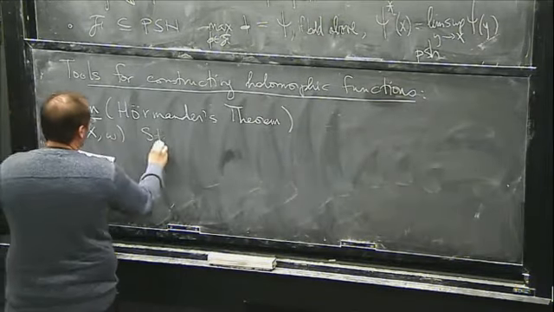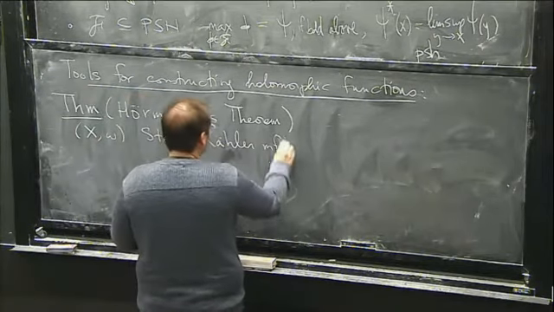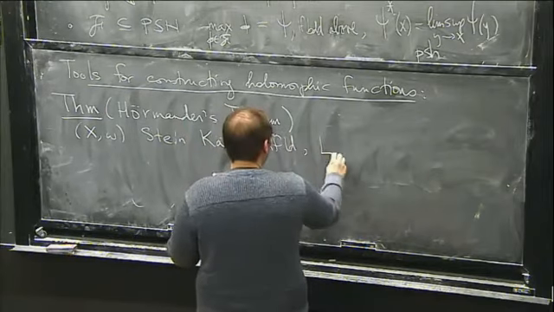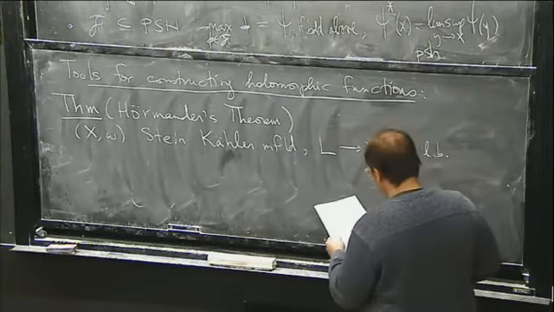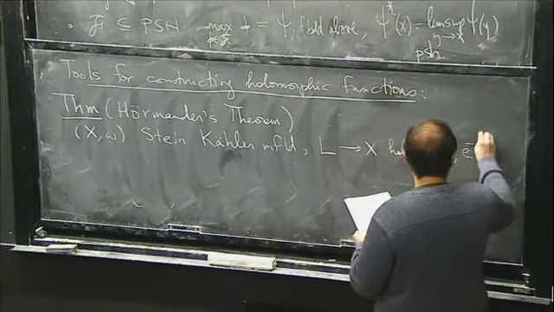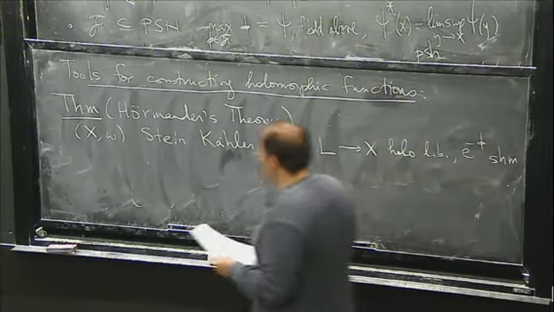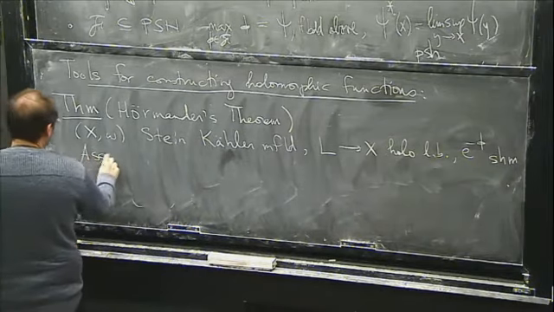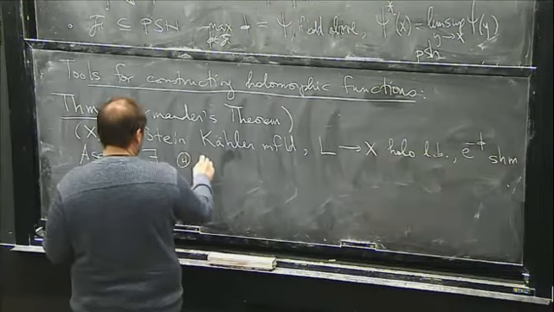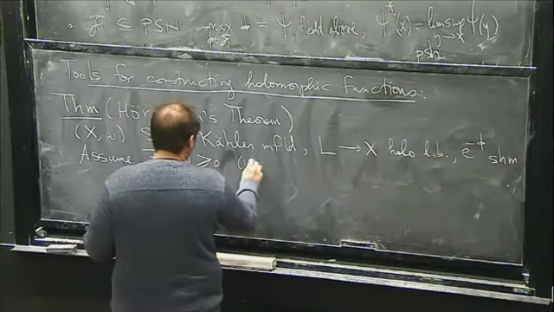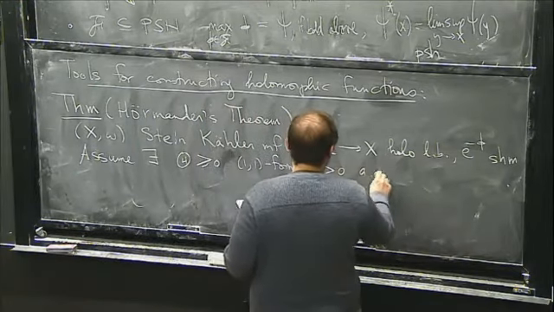Okay, so this is going to be a Stein-Kähler manifold. You have a holomorphic line bundle with the singular Hermitian metric e to the minus phi. So assume there exists some (1,1)-form theta greater than or equal to 0. In practice, it should be bigger than 0 almost everywhere.